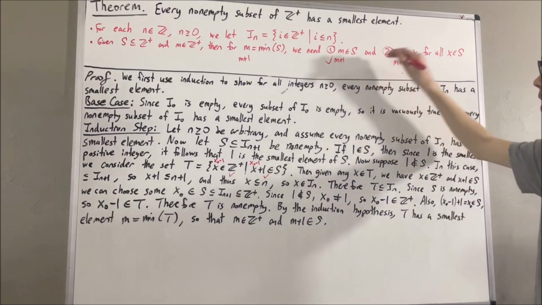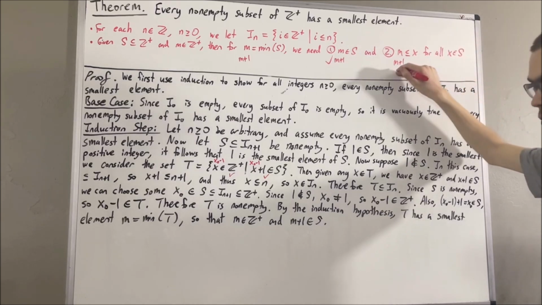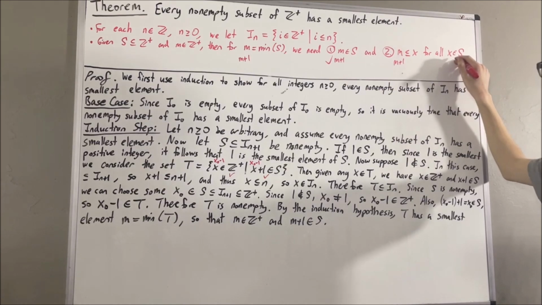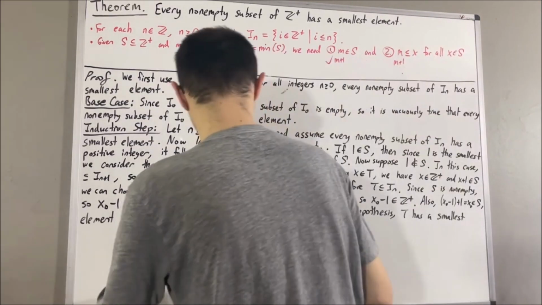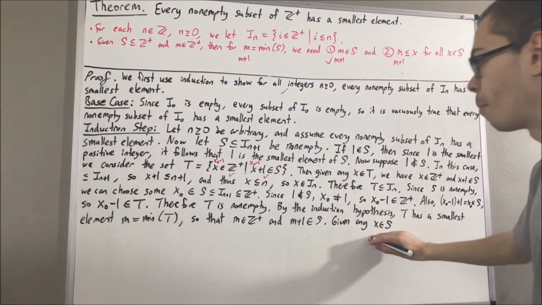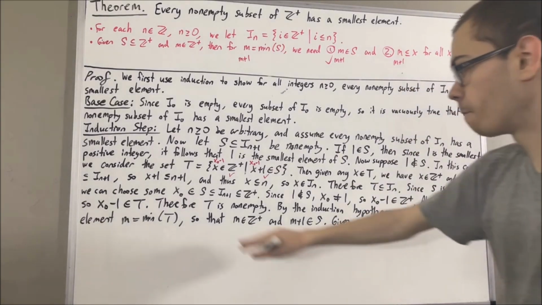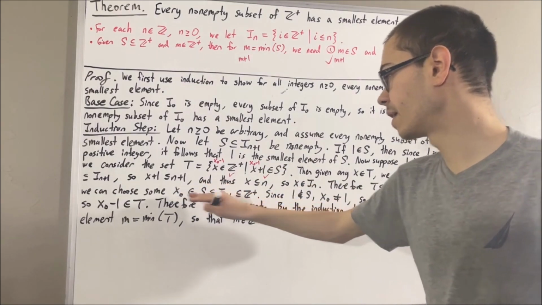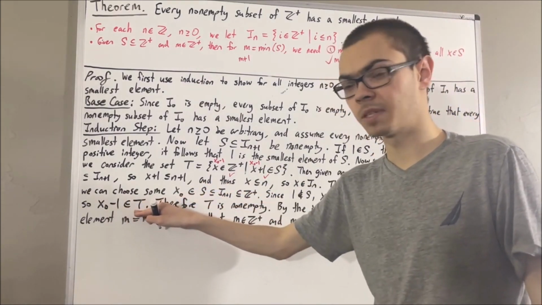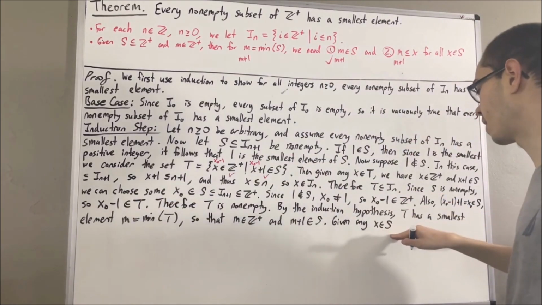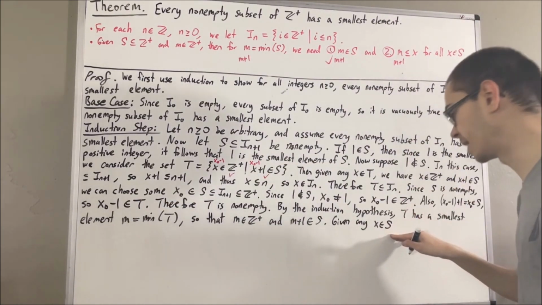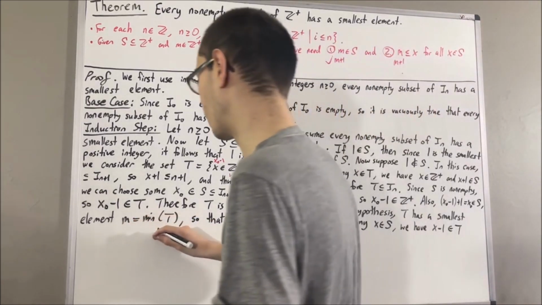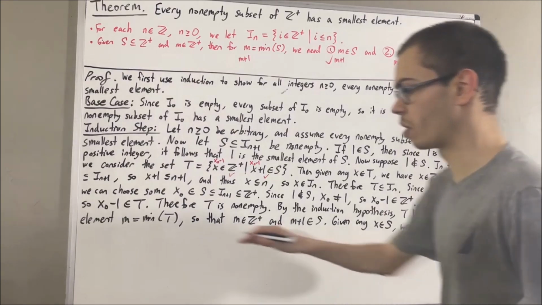So all that's left to verify is that every element of S is greater than or equal to m plus 1. So to prove that, let's give ourselves an arbitrary element of S. I'll call it x. Well then, by the same argument that we gave for x naught, where we deduced from the fact that x naught is an element of S that x naught minus 1 is an element of T, it's going to follow from the fact that x is an element of S that x minus 1 is an element of T. But then, since m is the smallest element of T, it follows that x minus 1 is greater than or equal to m.